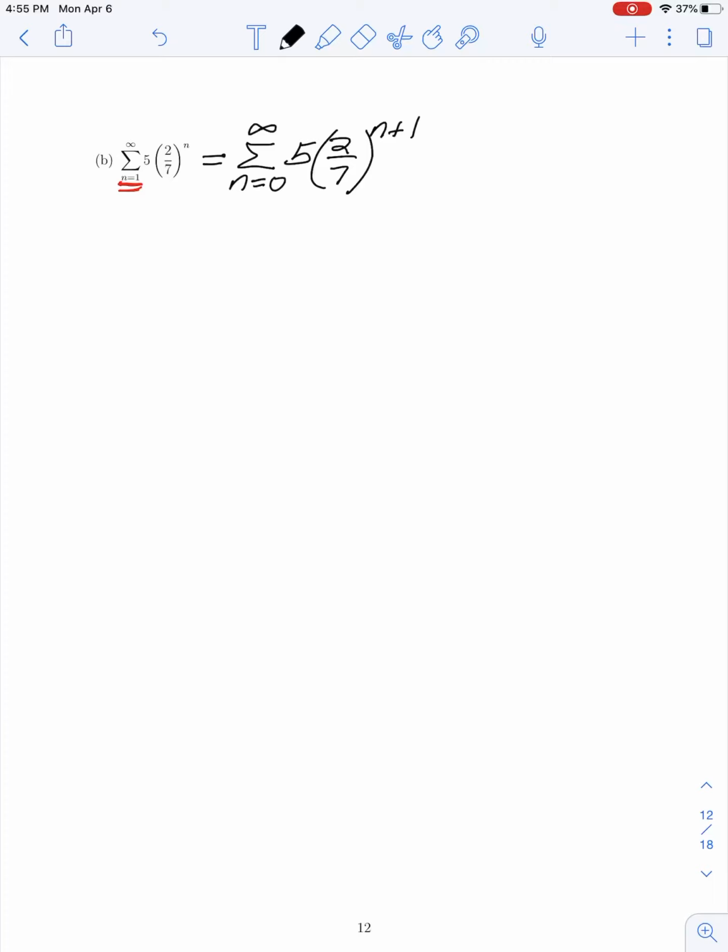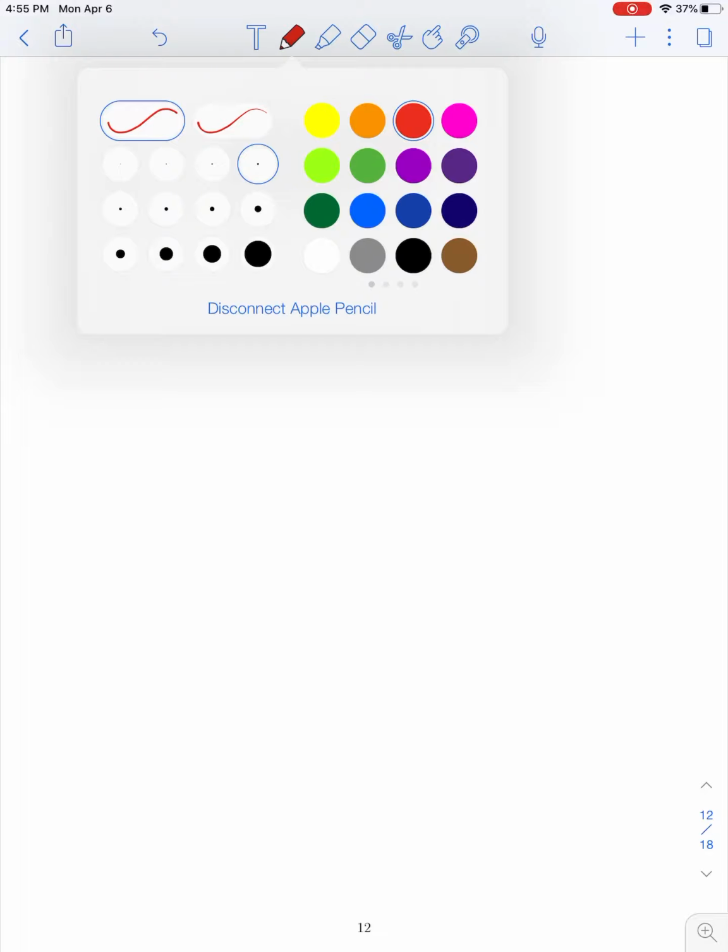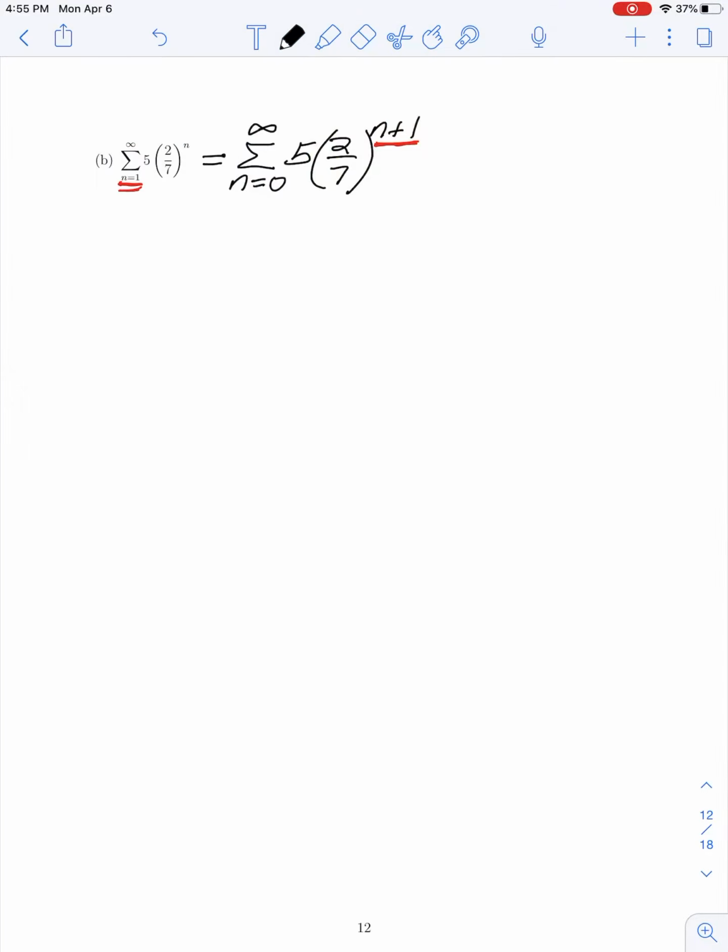So now this looks a little closer to the standard form for a geometric series, but instead of having our ratio r to the nth power, it's now being raised to the n plus 1 power. But if we rewrite this, we could express it in that standard form.